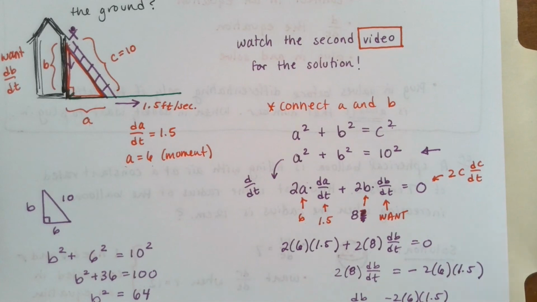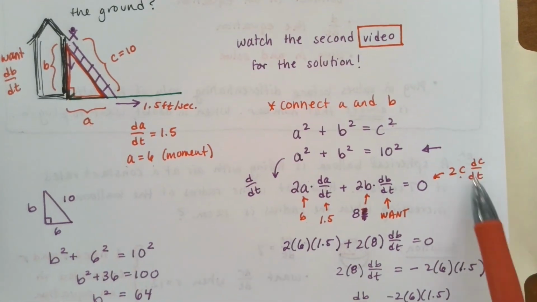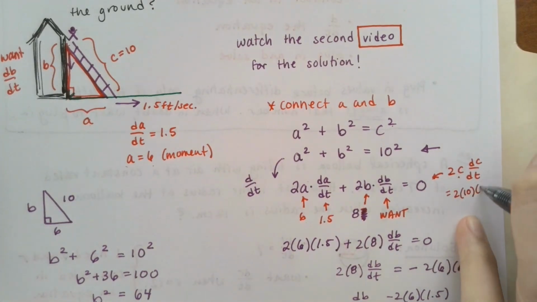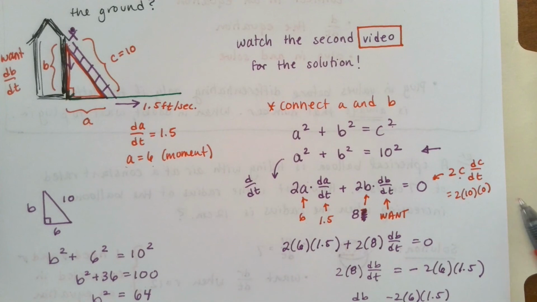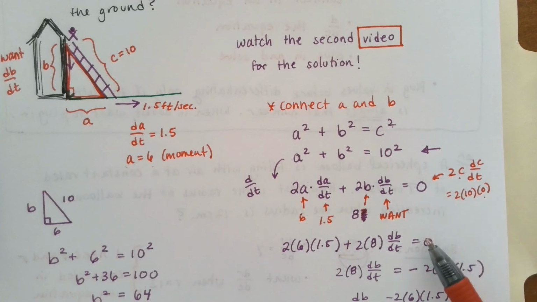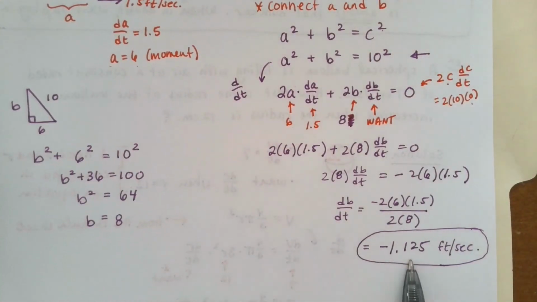And you'd say, okay, that's 2 times 10 for the ladder times the rate of change of the size of the ladder. And that's the point where you would want to decide that rate of change is 0 because it's a constant length. So you still would have wound up with a 0 in this spot either way. All right, so that's my work, and this is my final answer here.